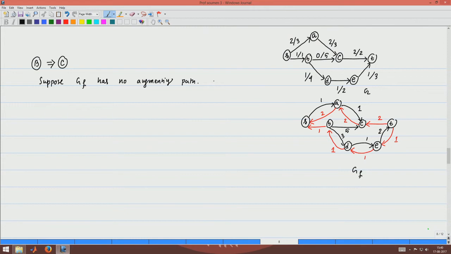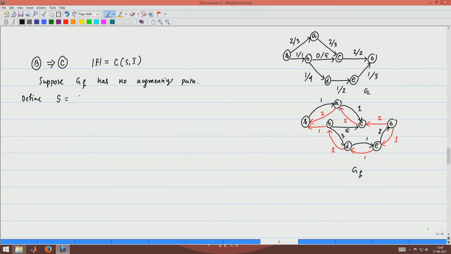Then you define a set S. Our aim is to find a cut (S, S complement) such that the flow value is equal to the capacity of that cut. This is what C is. So we are constructing that cut here.